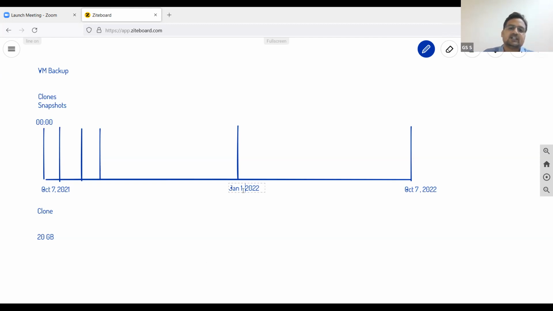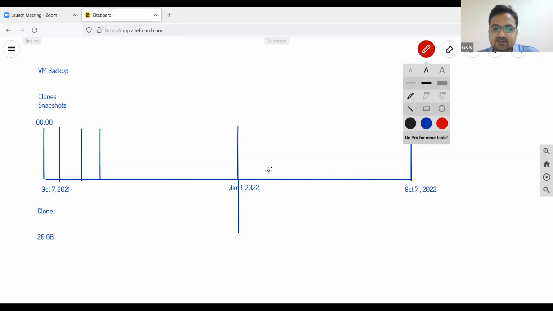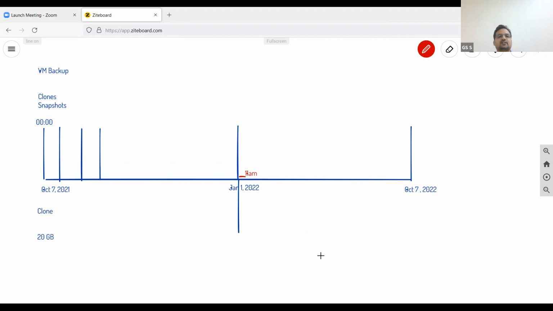Because whatever VM you are getting here is midnight, Jan 1 midnight, or whatever you call it, 00 hours. 31st December midnight, Jan 1 started. At that time, we take the backup. Okay, but I want to reach a little further. I want to go to this location, which is known as Jan 1, 11 AM. How can I reach that position? Any idea?